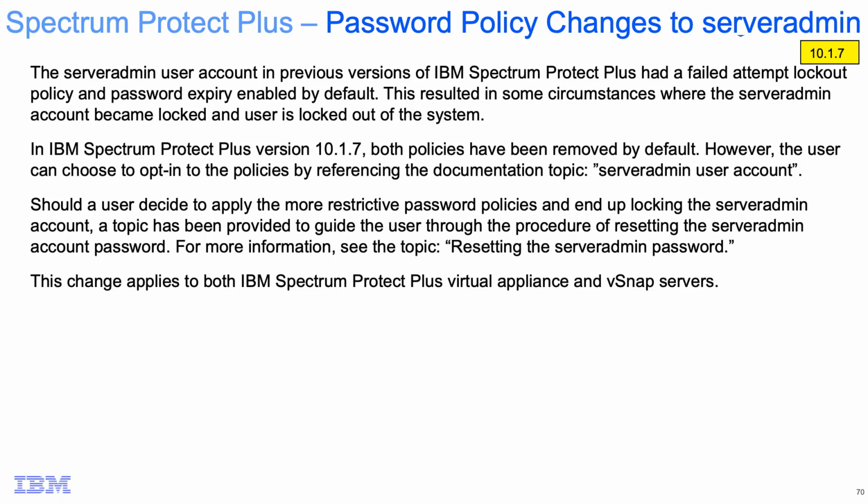So beginning in 10.1.7, the default is going to be to remove both of those policies. You can, however, choose to opt into the policies by referencing the documentation in the Knowledge Center.